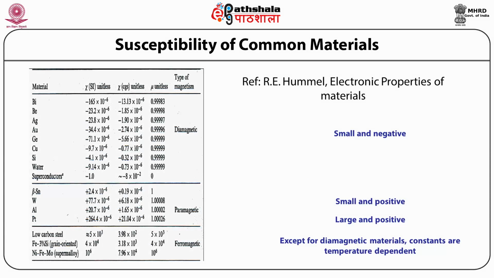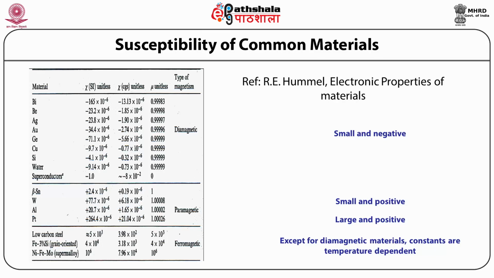Susceptibility of common materials. The table shows the values of susceptibility for the 3 types of magnetic materials, that is diamagnetic, paramagnetic, and ferromagnetic. It also tabulates the values of mu. As evident from the table, for diamagnetic materials, the susceptibility is very small, of the order of 10 to the power minus 6, and it is negative also.